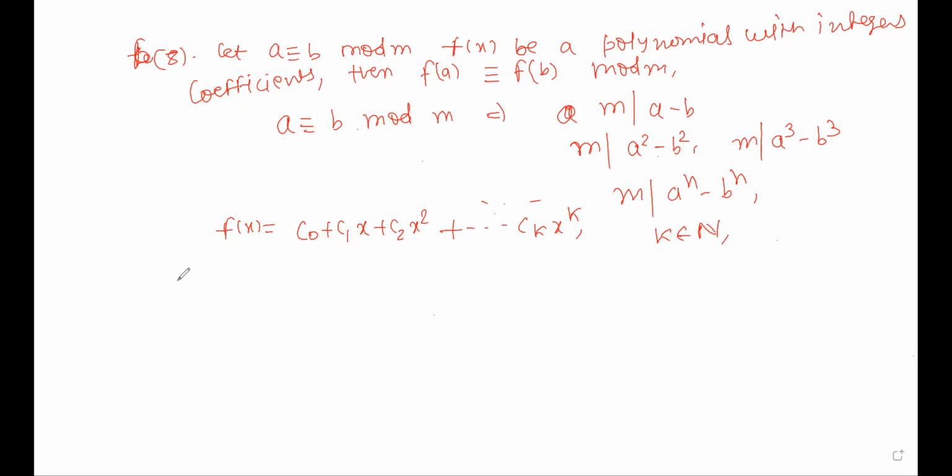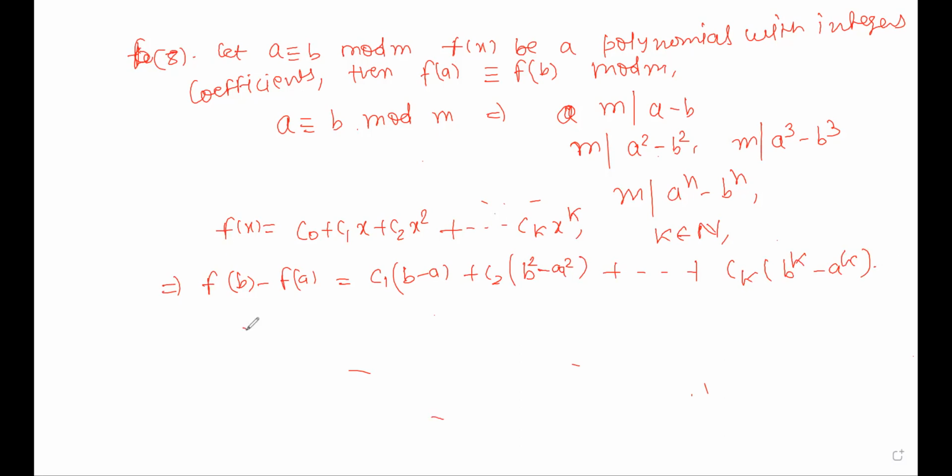Therefore, we can write f(b) minus f(a) equal to c1(b minus a) plus c2(b squared minus a squared) up to ck(b^k minus a^k).